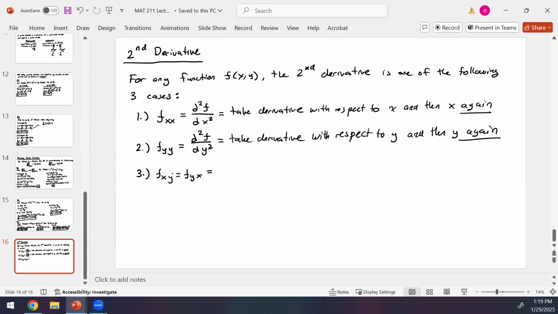So the way that's written is partial squared f, and then partial x partial y. So that's how it's written if you want to use that notation. And basically what this says is take derivative with x and then y, or y and then x, right?